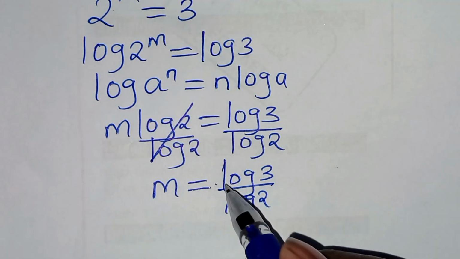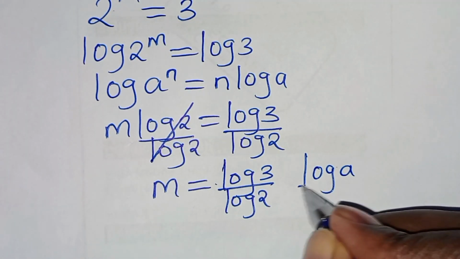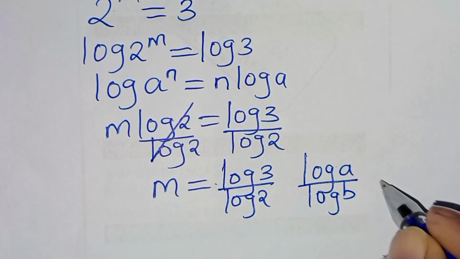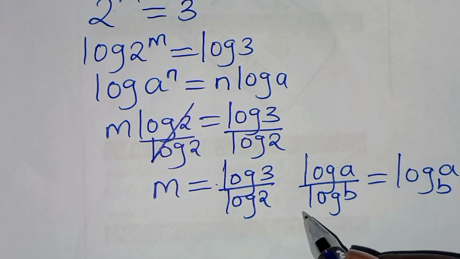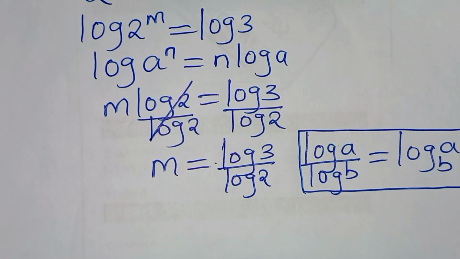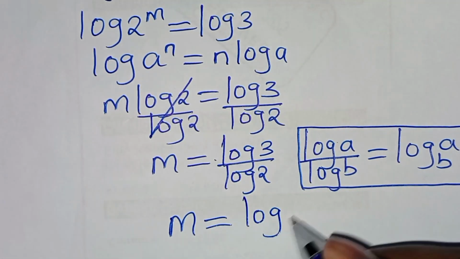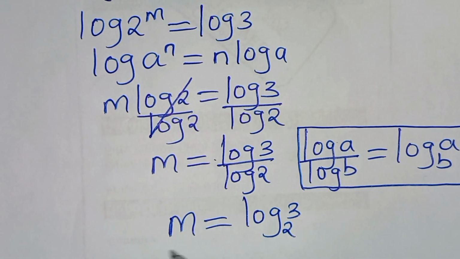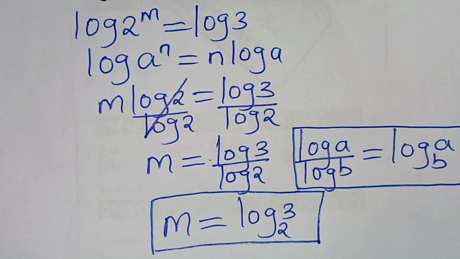And log 3 over log 2, this is in the form of log a over log b, which you can express as log a to base b. Applying this logarithm property, then you find that m is equal to log 3 to base 2. Now, this is the value of m.